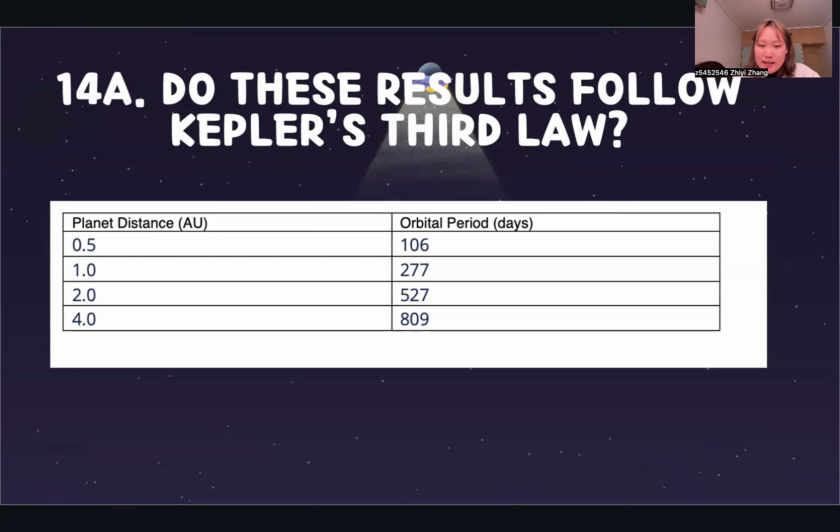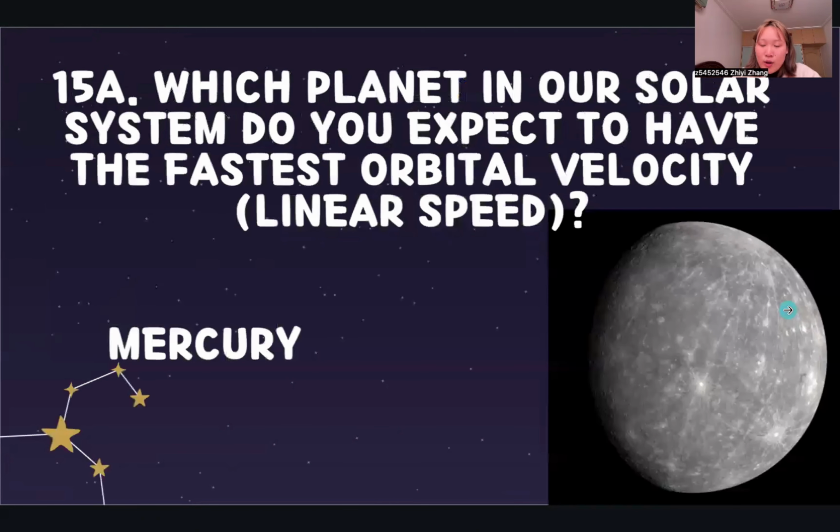This data is thus consistent with Kepler's third law, and we can show how it applies to planets in orbit around our solar system.